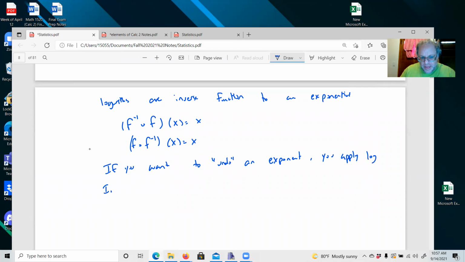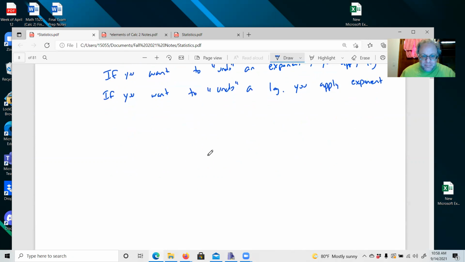If you want to undo a logarithm, you apply an exponent. Just like squares and square roots, they have the same relationship. Exponentials and logarithms have the same relationship. All right, so they're inverse functions.